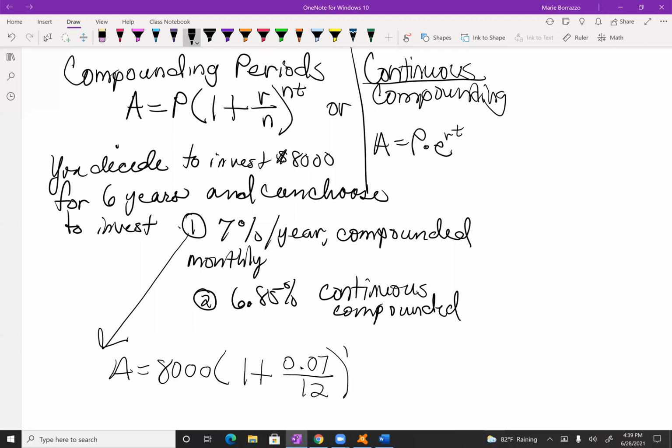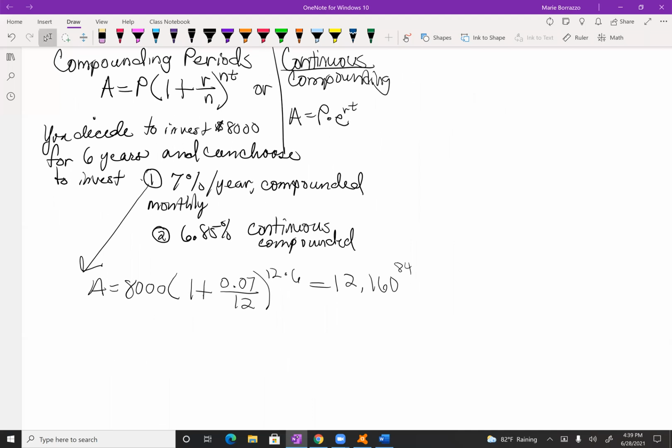The 7% is better, right? Not by much, but yes, it is. It's by almost $100. Right. Okay.